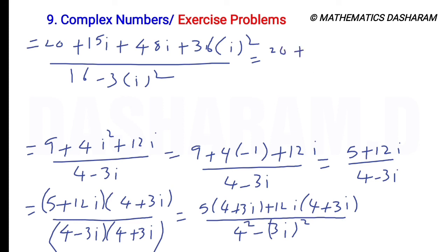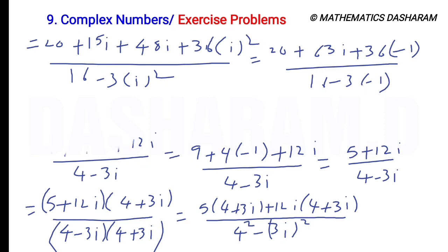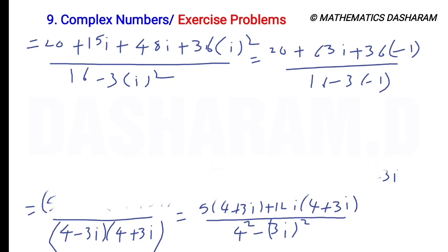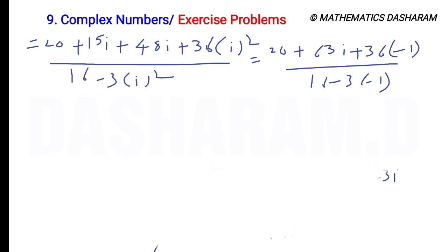plus 15i plus 48i, which is 63i, plus 36 into minus 1, divided by 16 minus 3 into minus 1. So 20, and here 36 into minus 1 is minus 36.